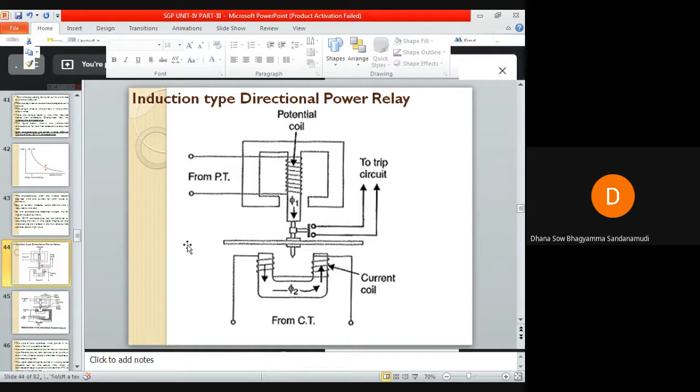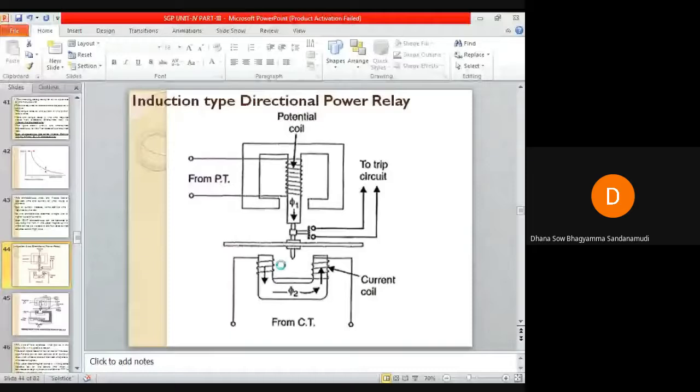The induction type directional power relay, or induction type reverse power relay, consists of an aluminum disc which is free to rotate between an upper E-shaped electromagnet and a lower U-shaped electromagnet.